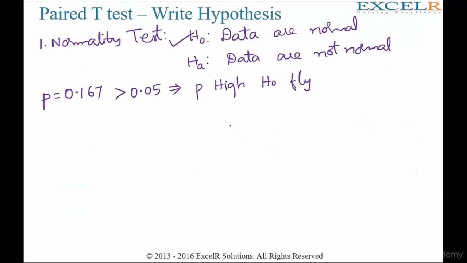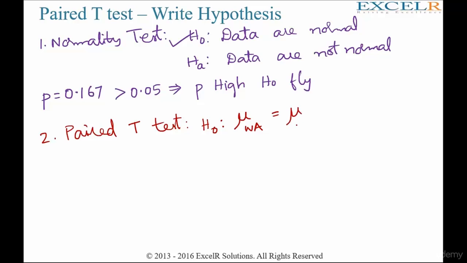So here is a paired t-test. Let me choose a different color. So we are trying out now paired t-test. We need to once again write null and alternate hypothesis. Null hypothesis says average mileage with additive is equal to average mileage without additive.